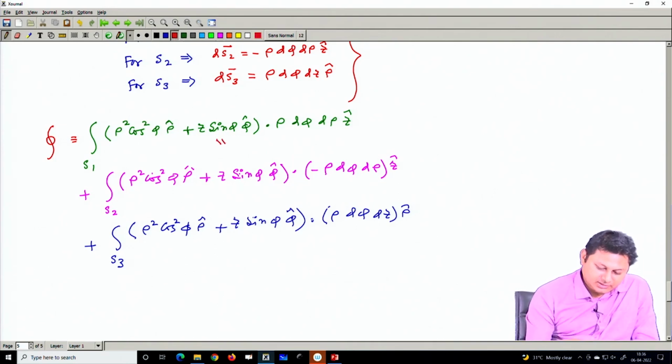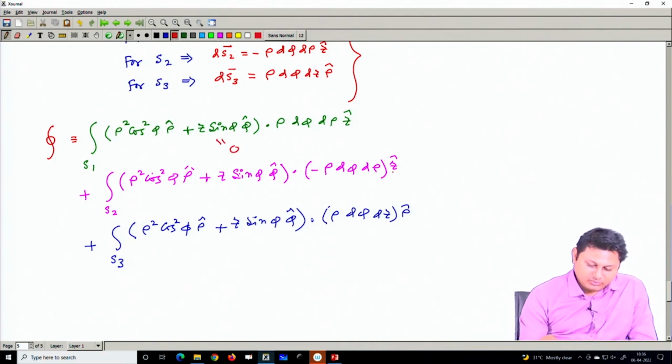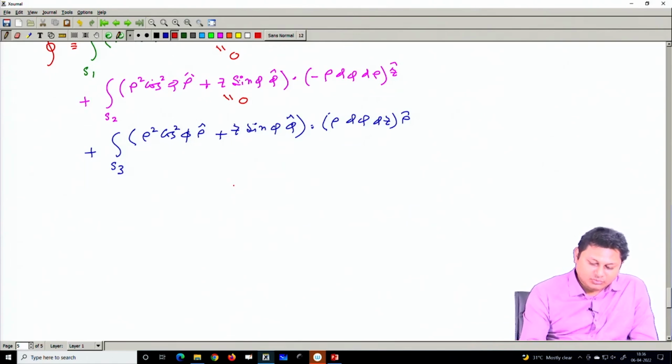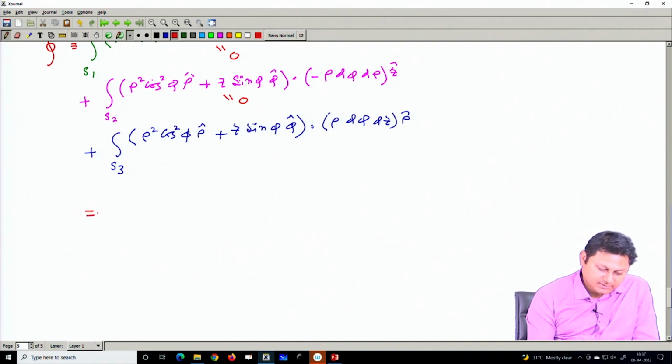The contribution that we have here is rho cube integration.